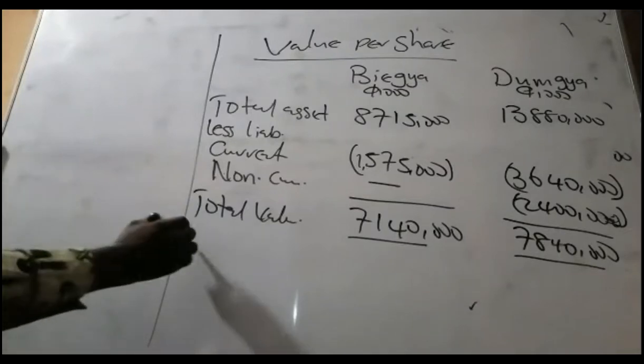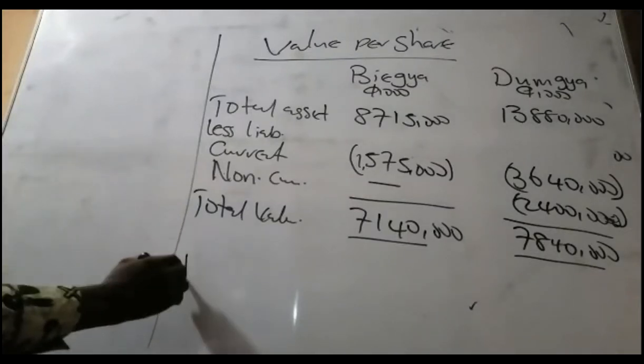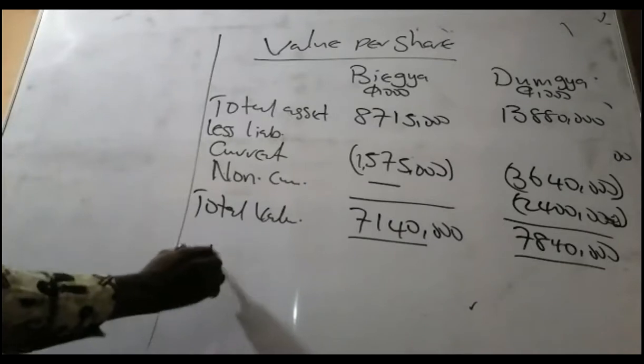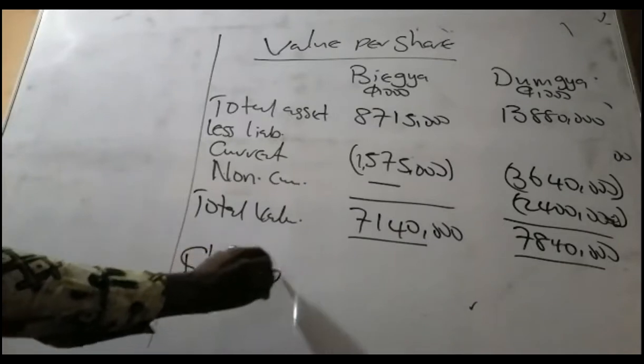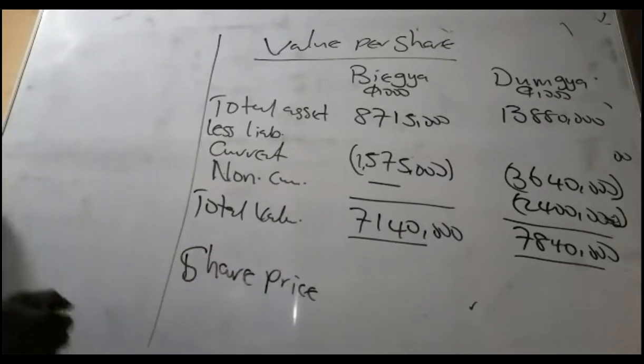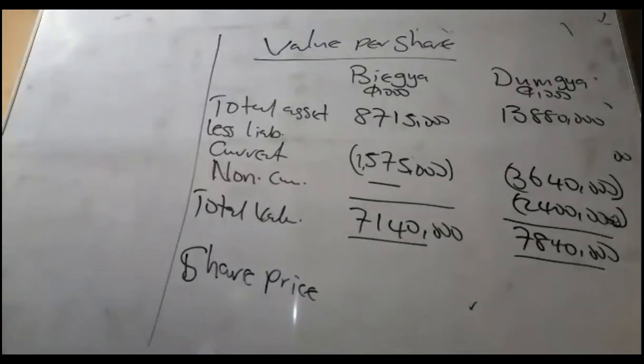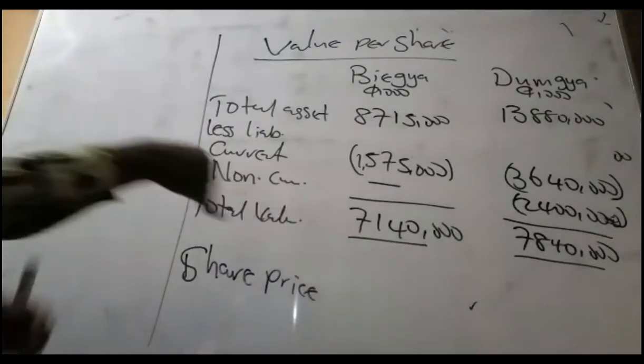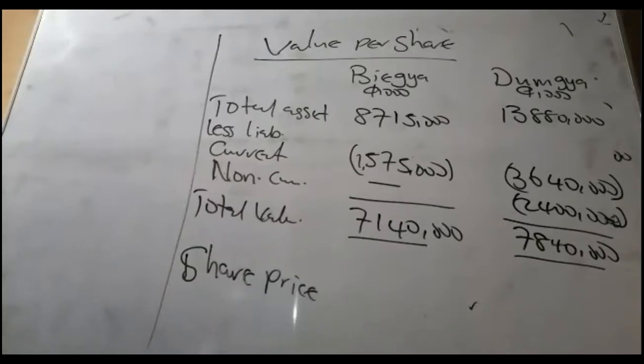So the value per share, the share price, is nothing but we pick the total value and divide it by the number of shares. So basically that is it.